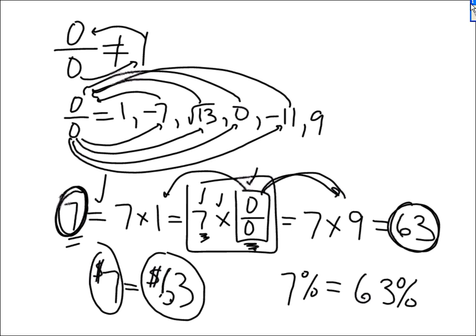We can't have 0 over 0 equaling any number, because when we do, we get absurdities like 7 and 63 being equal. They're not. If someone is 7 years old, they can't go down to the Social Security office and say, give me Social Security, I'm 63 years old.